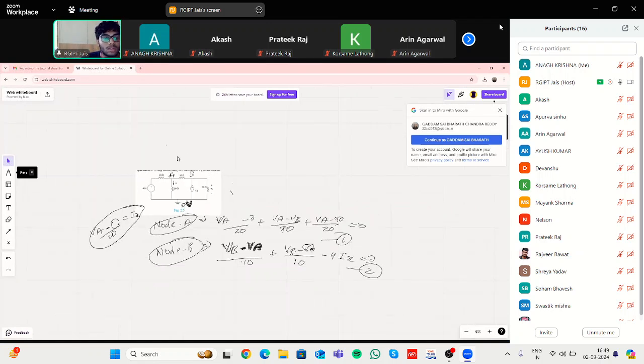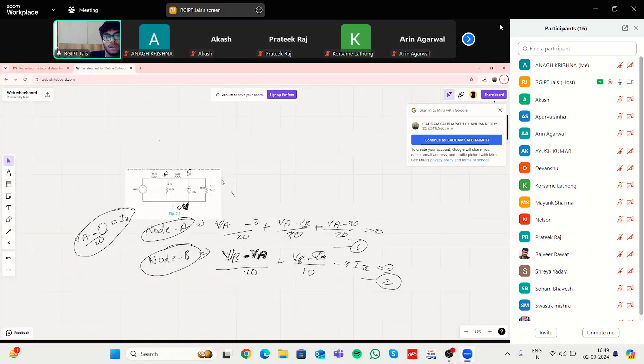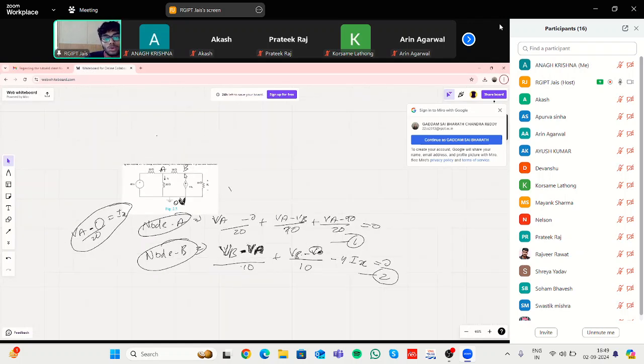Once look into this. So this is your solution for this problem. You have to just take these two nodes, A and B, and you have to make equations like (VA minus VB) divided by 10, plus (VA minus 0) divided by 20, plus (VA minus 40) divided by 20.